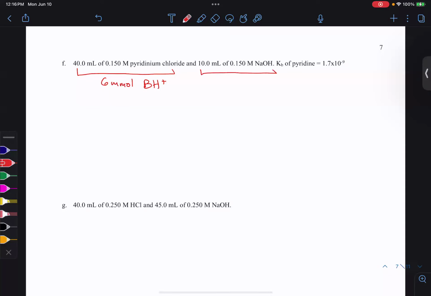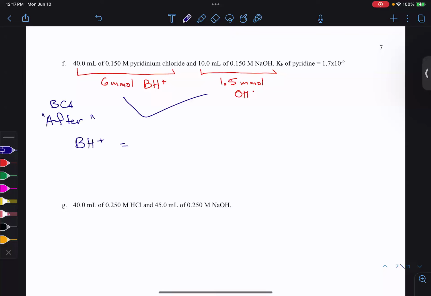And then I'm adding sodium hydroxide. I think this is 1.5 again, 1.5 millimoles of strong base. Can I just put those things straight into the Henderson-Hasselbalch? Nope, you've got to neutralize them first. So after, this is my lazy BCA, where I just write the after line. How much BH plus do I have left? 4.5 millimoles of BH plus, same thing.